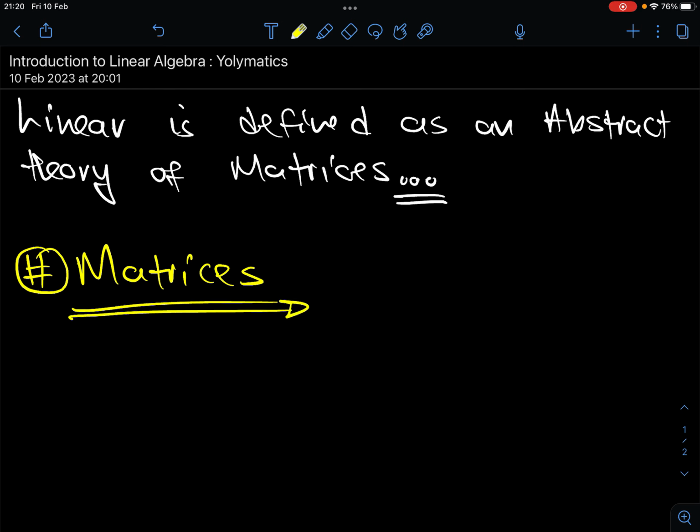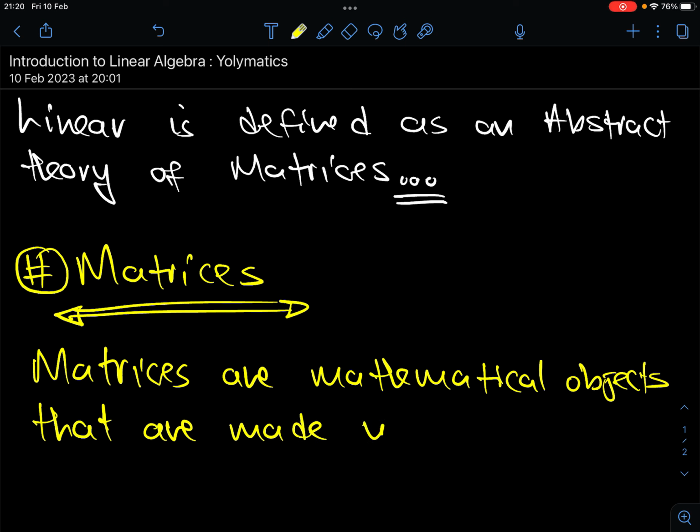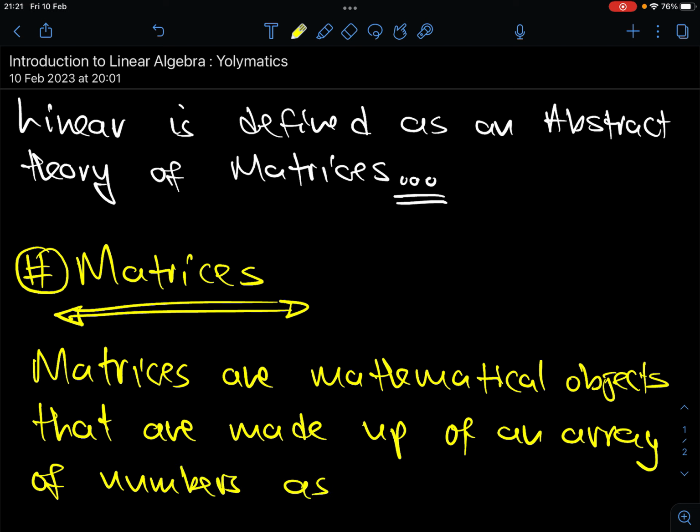So now, matrices. What are matrices? So far we know that matrices are mathematical objects that are made up of an array of numbers as rows and columns.